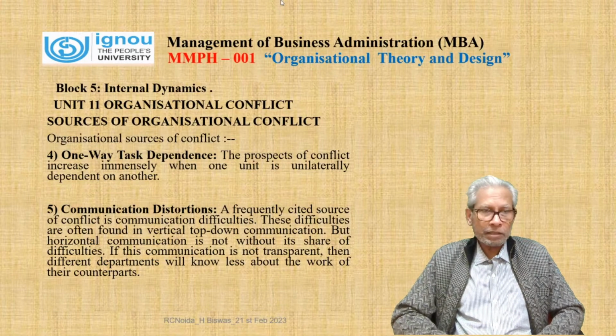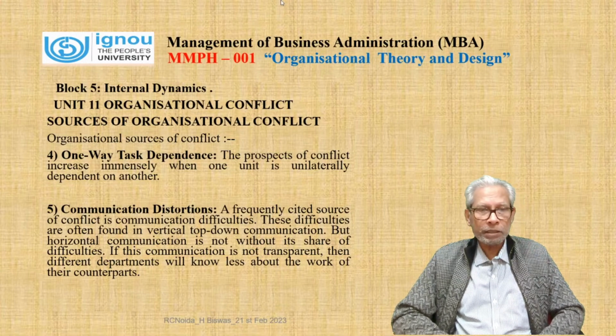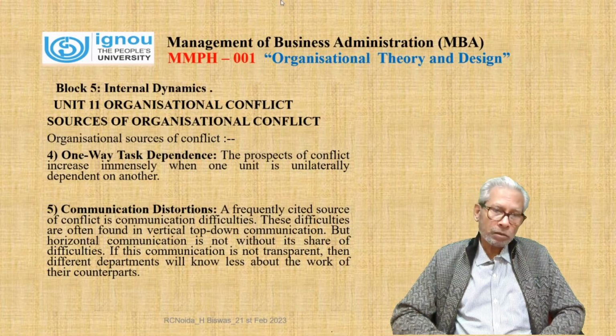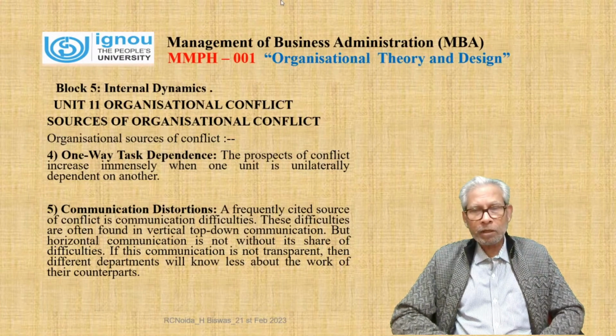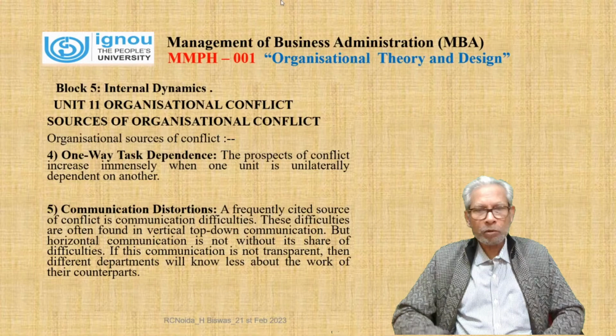These difficulties are often found in vertical top-down communication, but horizontal communication is not without its share of difficulties. If communication is not transparent, different departments will know less about the work of their counterparts, and that creates a problem because other departments don't know what is going on.